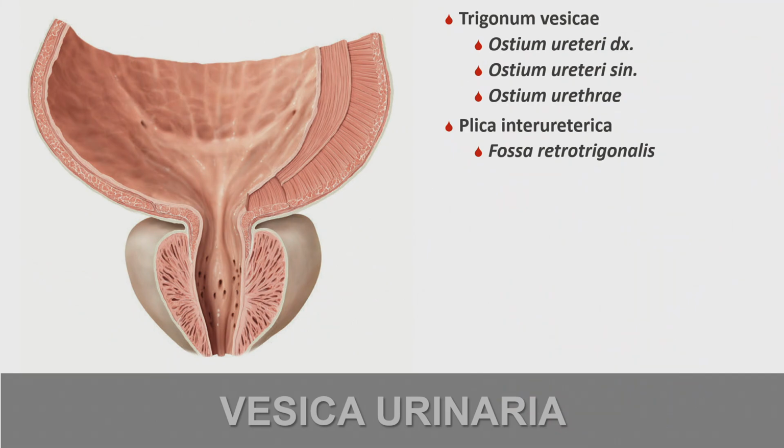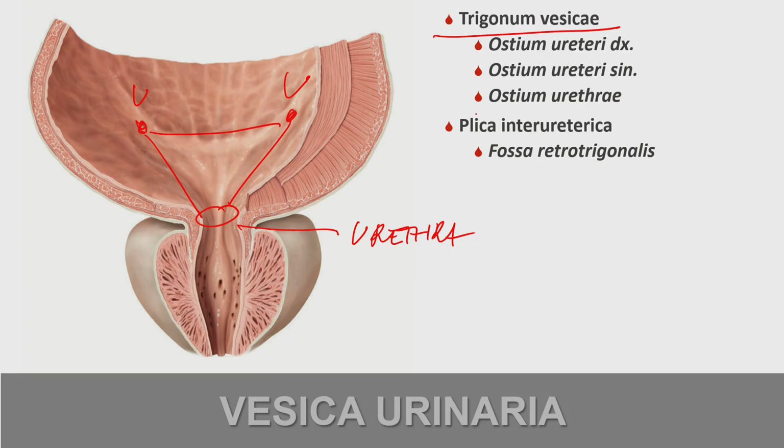So the urinary bladder has 3 points dorsally and lower. Those 3 points are the ureter entrances, 2 ureters, and the third is the urethra. And this triangular structure is called trigonum vesicae, the urinary bladder trigone.